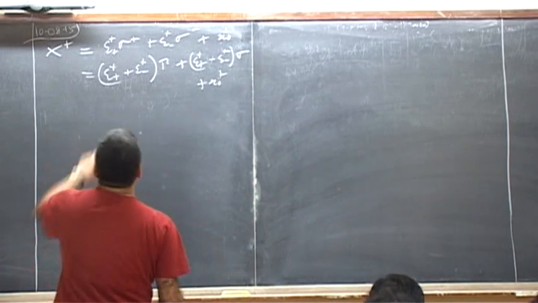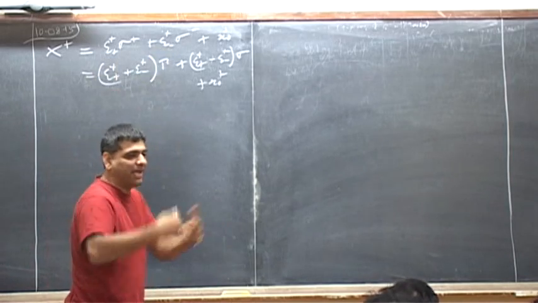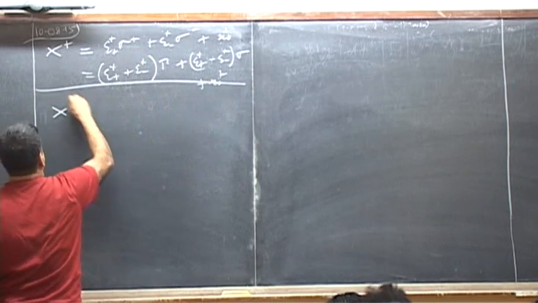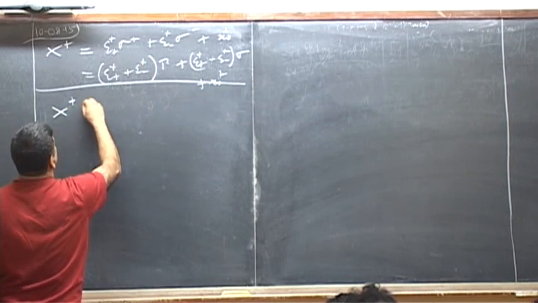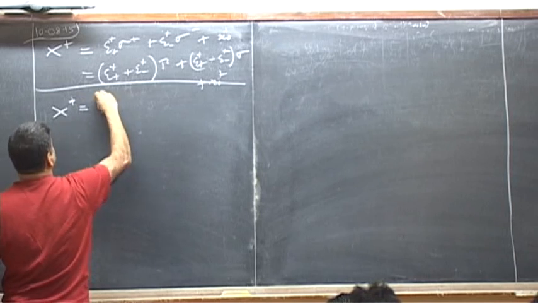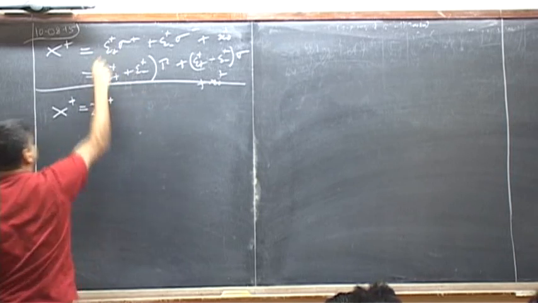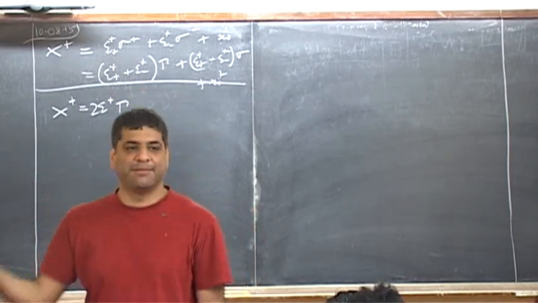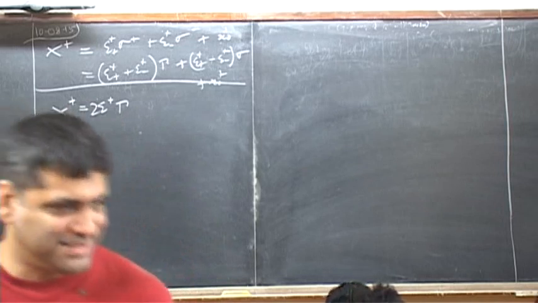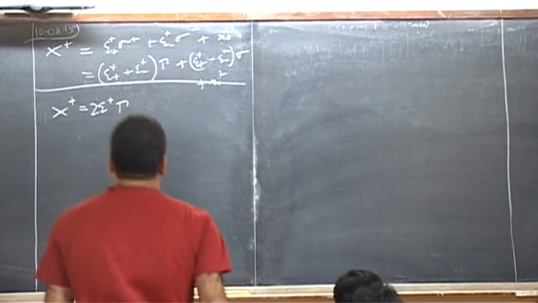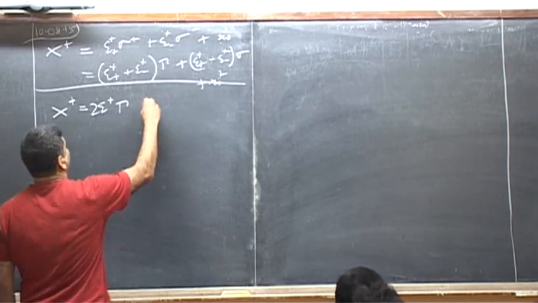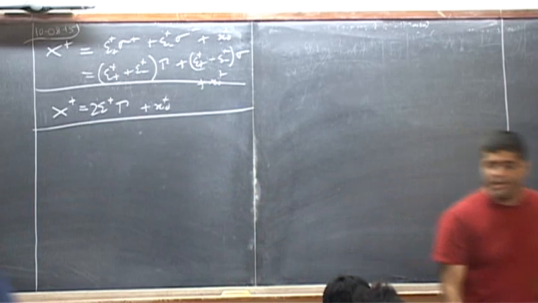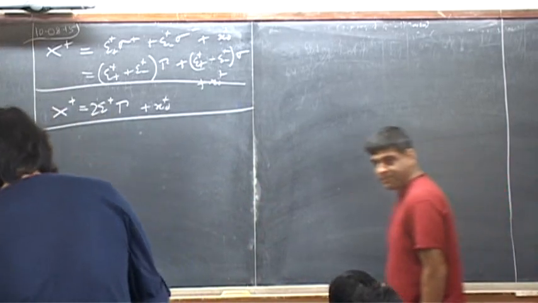So there was unnecessary redundancy there. So we can say just x plus is equal to, let's stick to our notations, 2 sigma plus tau, because sigma plus minus we just call sigma plus. And fine, we can keep 0. So this was the gauge we used.